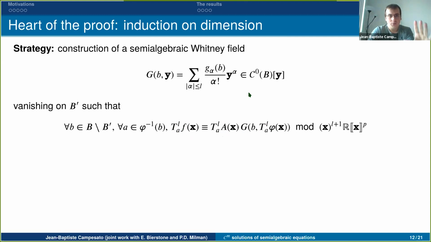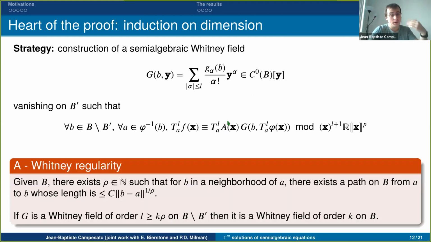Okay, so as I said, we are going to construct a Whitney field in the complement of B prime, which satisfies the equation at the level of Taylor polynomial, and we will extend it by 0 everywhere on B, and that's where there will be a first loss of differentiability.